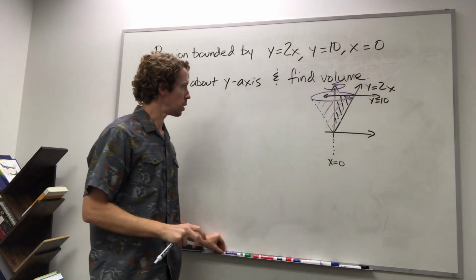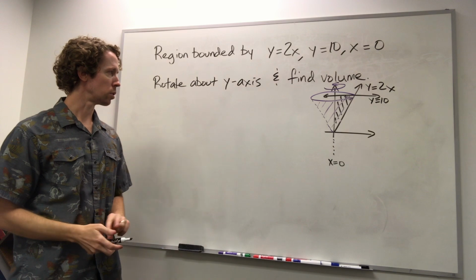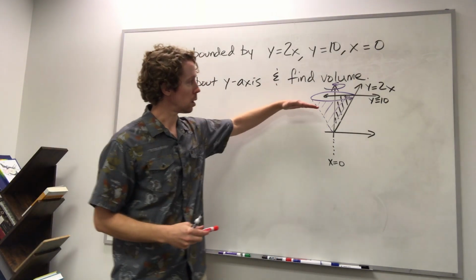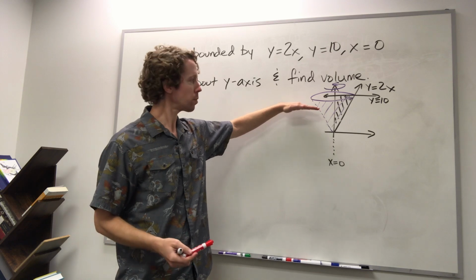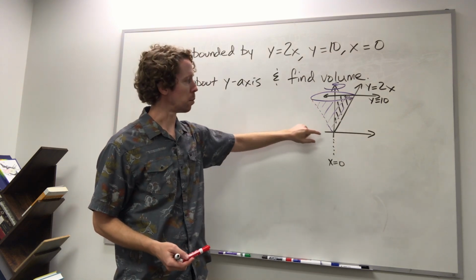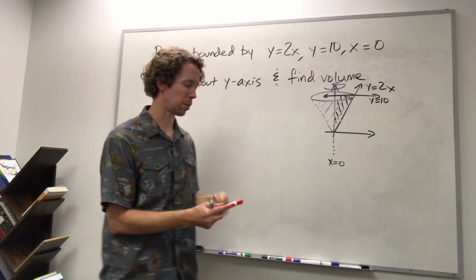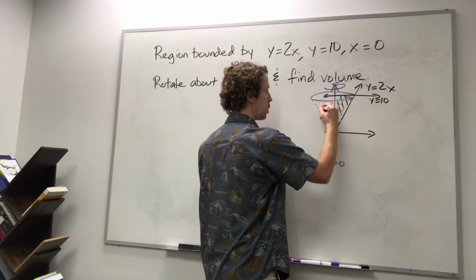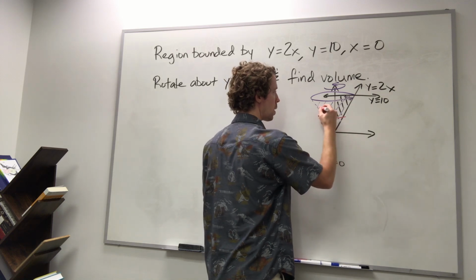The easiest way to do that with an integral is to slice the object up using the disk method. So I want to slice it into horizontal pieces that build up from bottom to top or top to bottom. Any one of those slices that I pick will look something like this.